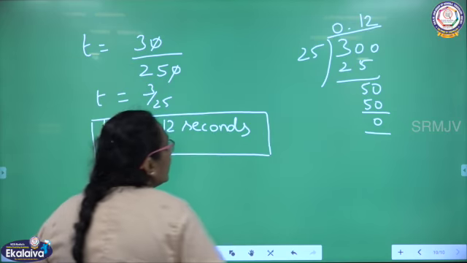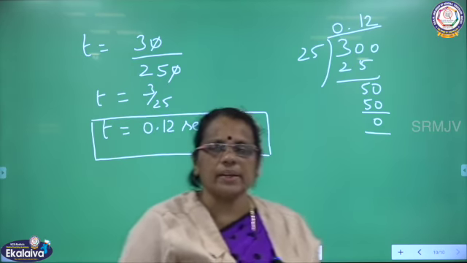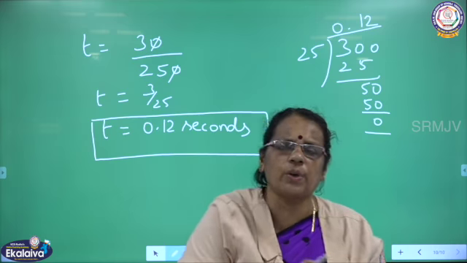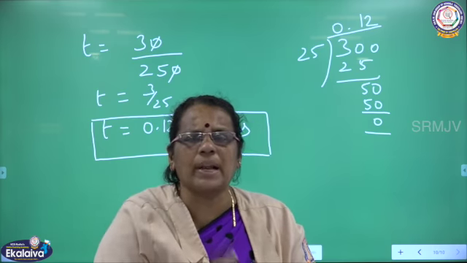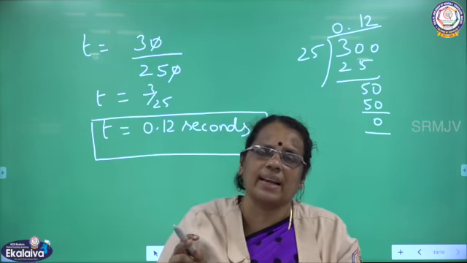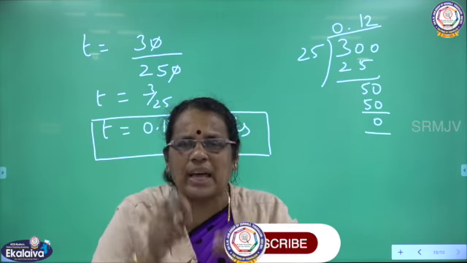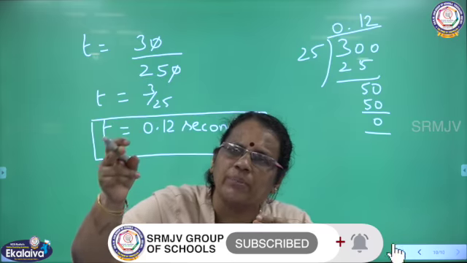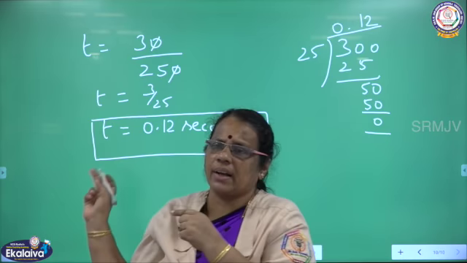So in this sum, they have given the rate constant for a zero order reaction, which is K equal to 0.0030 mole per liter per second. They have given the initial concentration as well as the final concentration, and they are asking us to calculate the time taken for the reactant to change from the initial concentration to the final concentration.